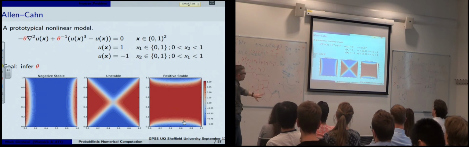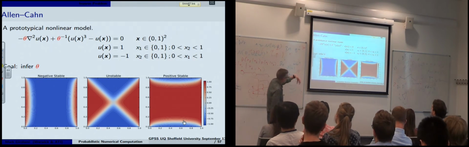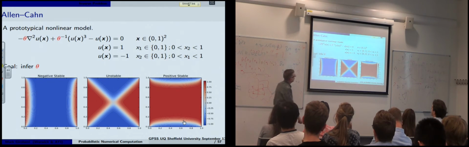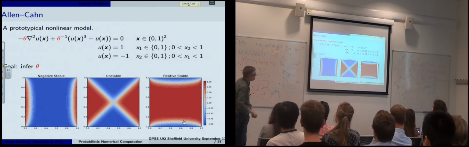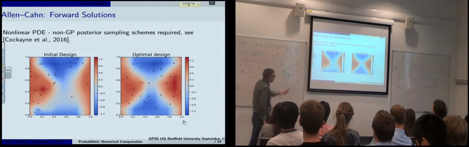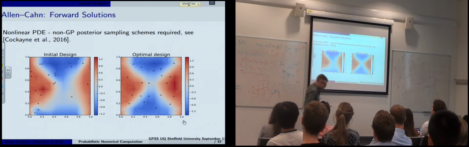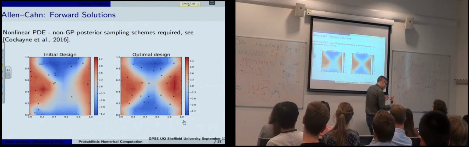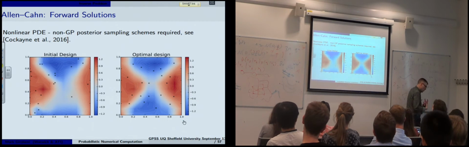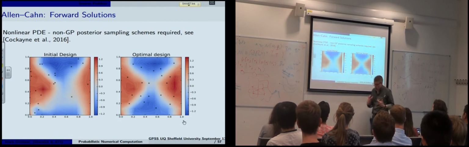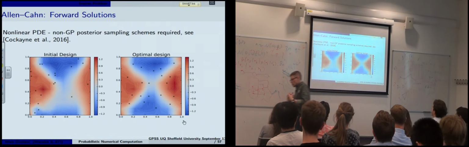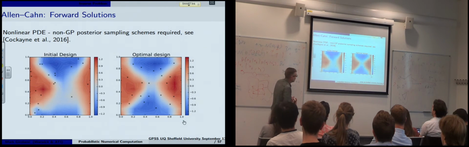Again, I won't give you all the technical details about how we take a PN approach to the inverse problem of inferring theta. One of the nice things is that because we have a posterior, and a posterior covariance, the posterior covariance turns out to be one of the main elements for Bayesian experiment design.